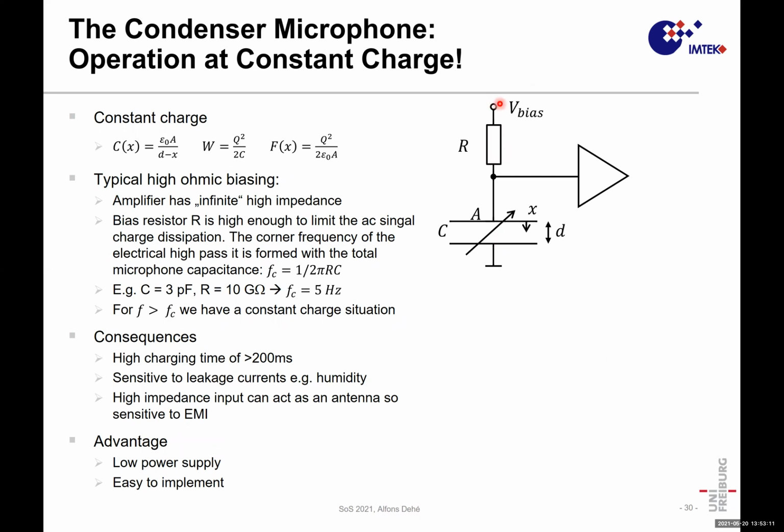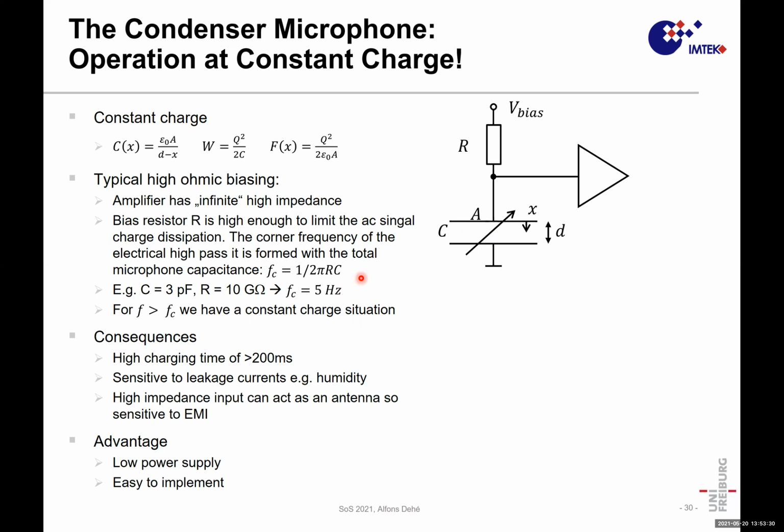If you switch on, there's a charging of the condenser, but the charging time constant is very large, or vice versa, the corner frequency of this RC filter is some 5 Hertz.